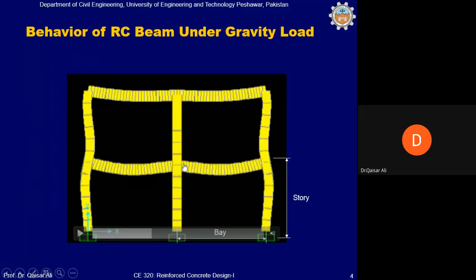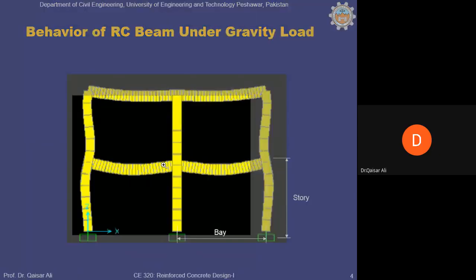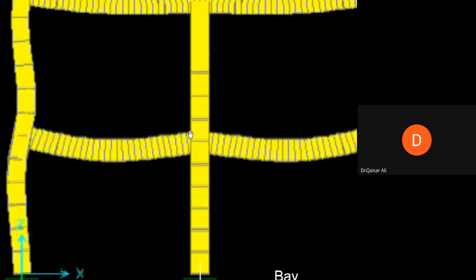At the support, we have elongation in the upper fibers instead of the lower fibers. The tensile stresses are produced in the upper fibers of the beam, and in the midspan, the tensile stresses are produced in the lower fibers.